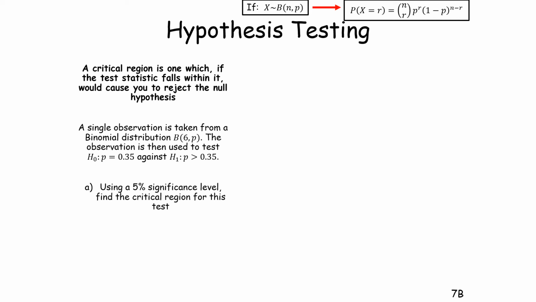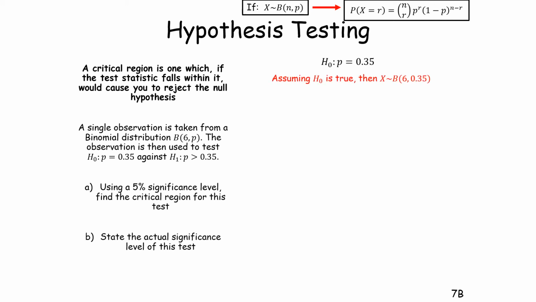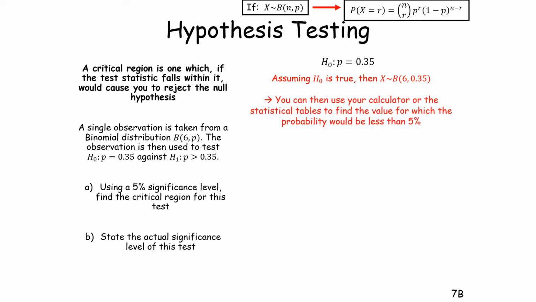Using a 5% significance level, (a) find the critical region for this test, and (b) state the actual significance level for this test. So the null hypothesis is p equal to 0.35. Assuming H0 is true, then X follows a binomial distribution with 6 trials and probability 0.35.